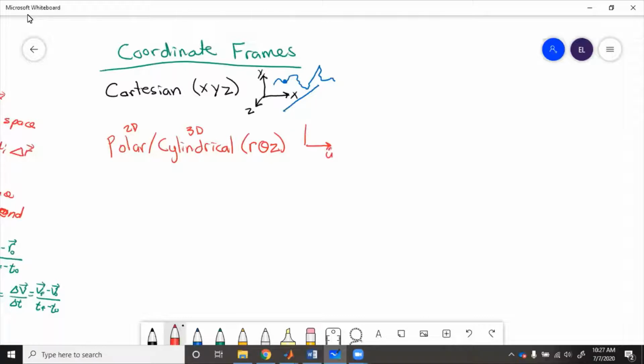So this is the r vector. We use u because it's a unit vector. So ur, u theta, and then uz, which is really just k hat. These are also, x is notated as i hat, y is j hat, z is k hat.